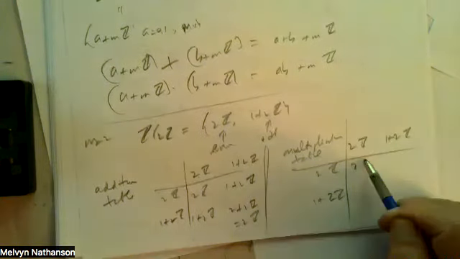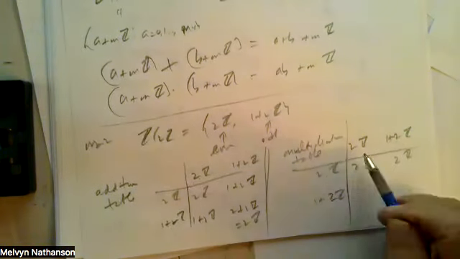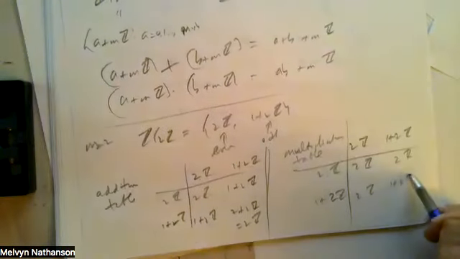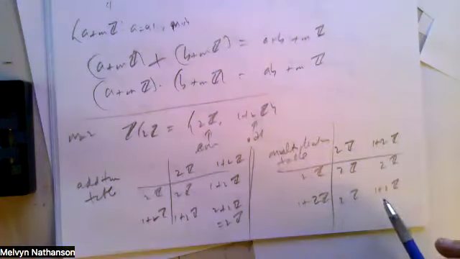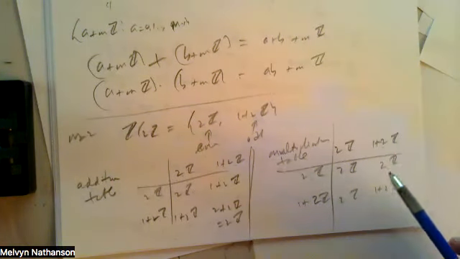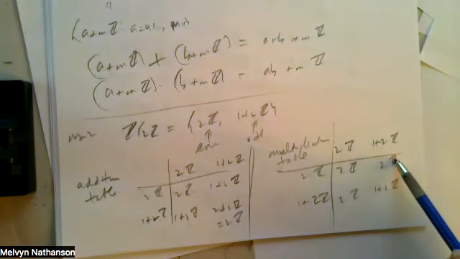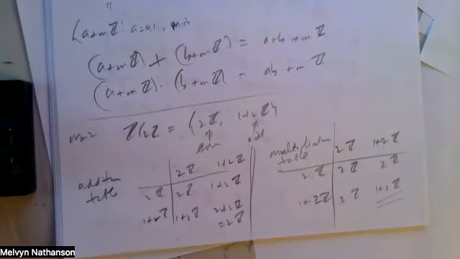Zero times 0 is 0. 0 times 1 is 0. 1 times 0 is 0, and 1 times 1 is 1. And again, this is just more of what they taught you in elementary school. The product of two even numbers is even, and even times an odd number is even, but the product of two odd numbers is odd. So this is elementary arithmetic written in the language of congruence classes.